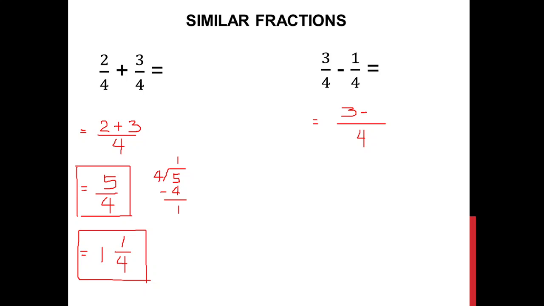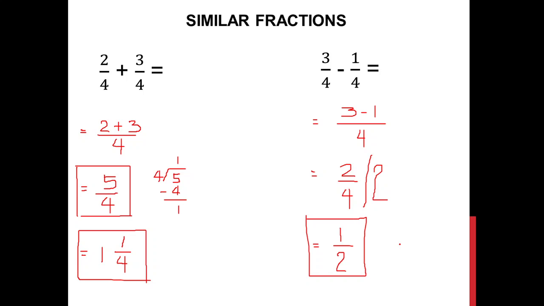So you have 3 minus 1, that's 2 over 4. 2 over 4, we can still simplify by dividing both sides by a common factor 2. 2 divided by 2 equals 1. 4 divided by 2, that's 2. So this is the answer for our subtraction.